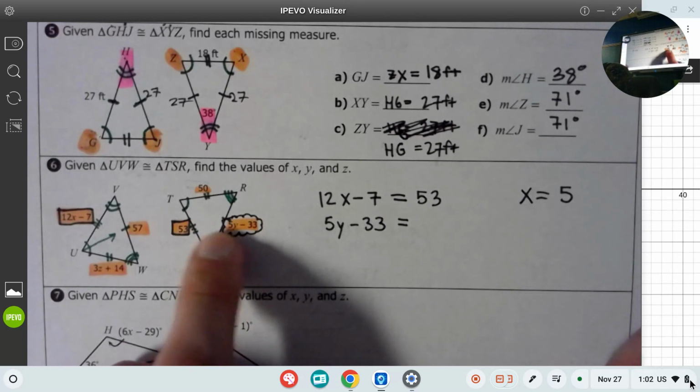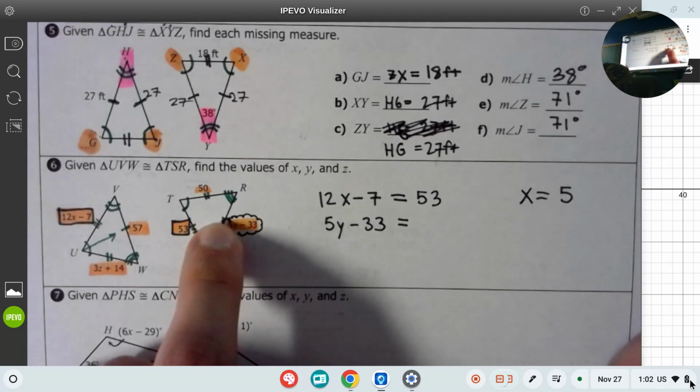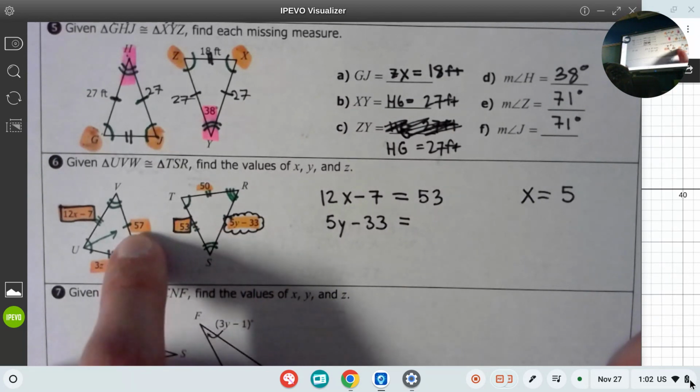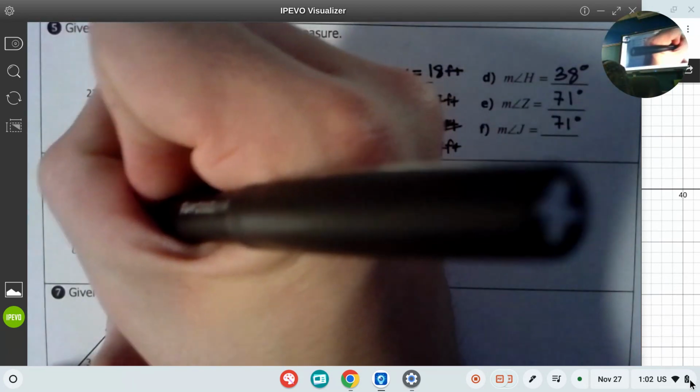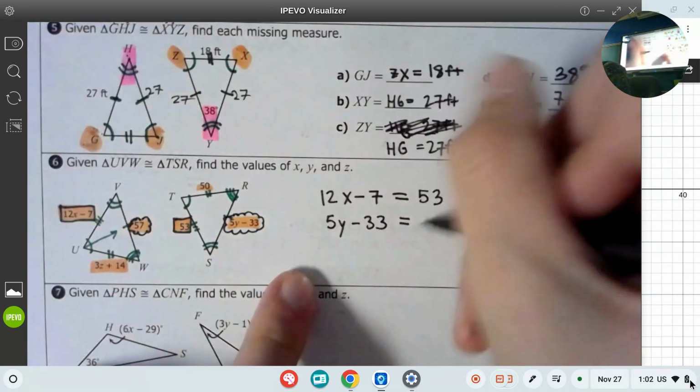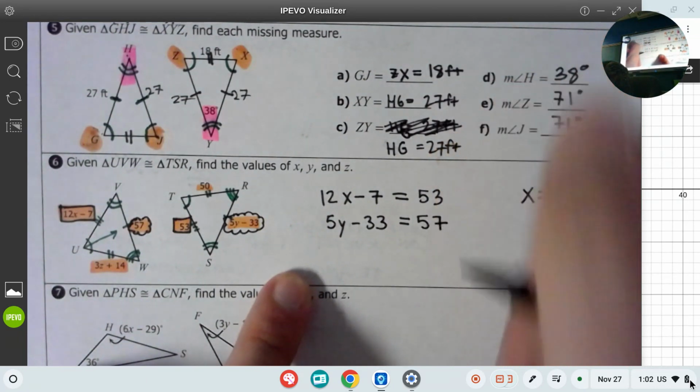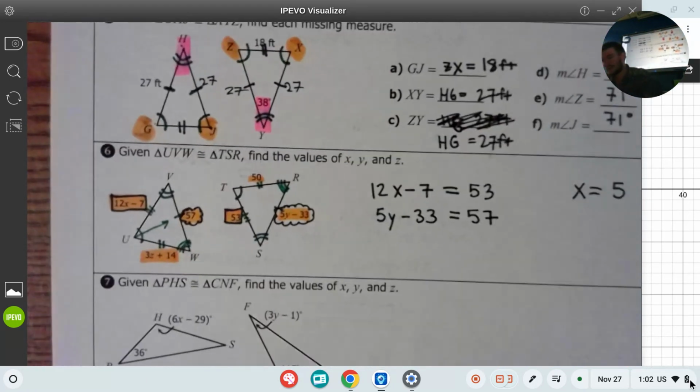I see that this has a single mark or hash or slash, and so I'm going to go to this one, 57, which has this single mark, and just put an equal sign, and we're good to go. If they are congruent triangles, these sides should be congruent. So we got it.